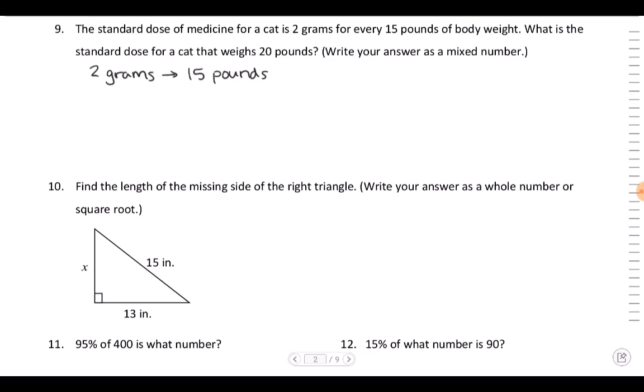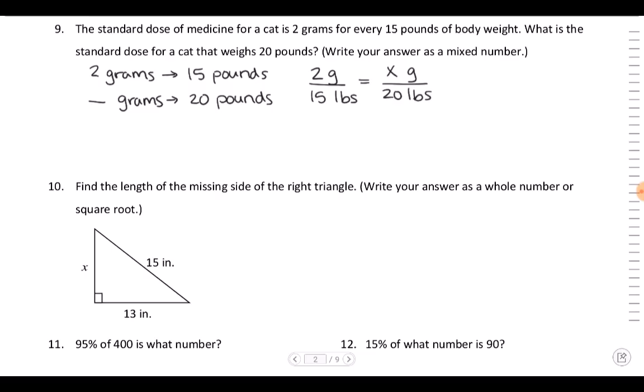What is the standard dose for a cat that weighs 20 pounds? So we want to know how many grams, right? Okay, well, this seems like another proportion type of problem. So 2 grams for 15 pounds equals how many grams for 20 pounds?